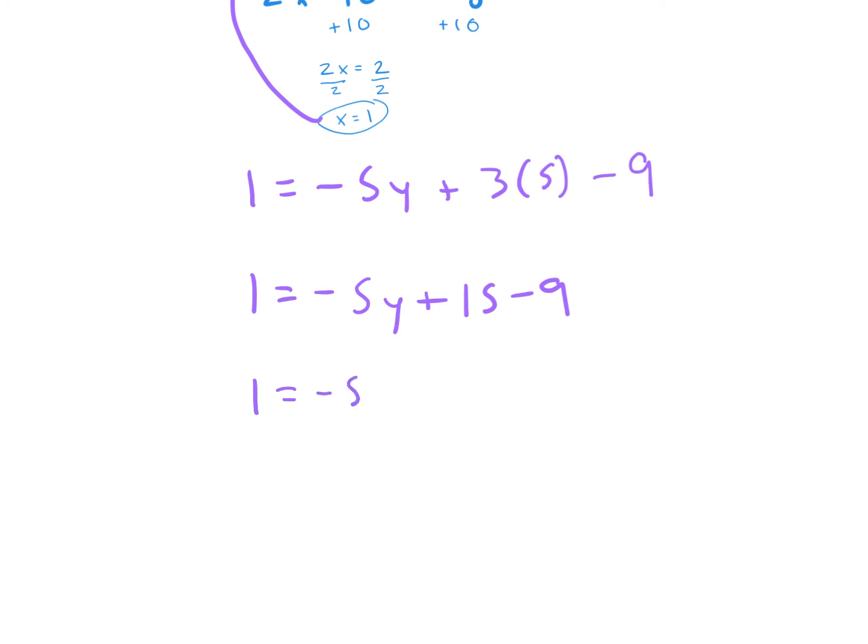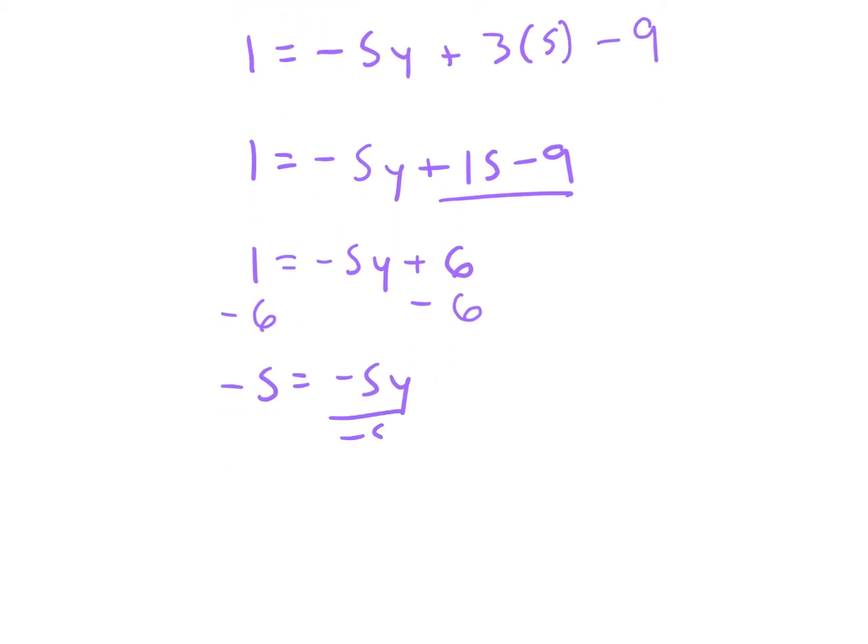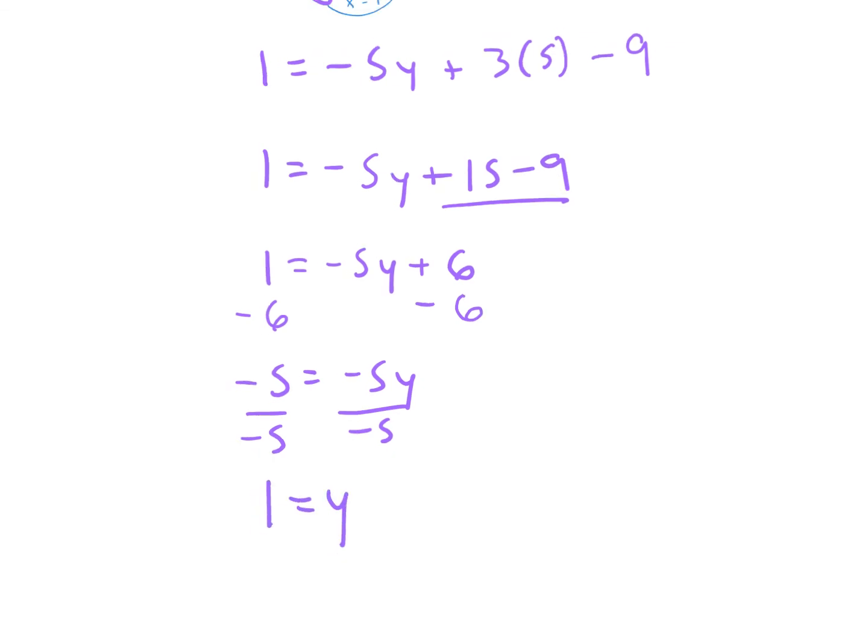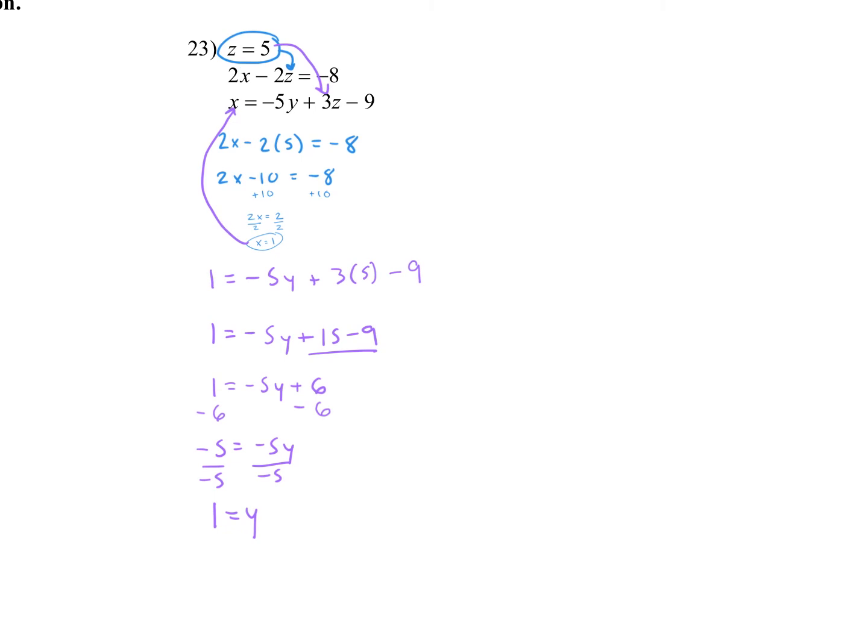What's 15 minus 9? 6. And then what? Subtract 6. So negative 5 is equal to negative 5y. Divide. So it's negative 5 divided by negative 5. So 1 is equal to y. Do I have all three answers? How do I write my answer? 1, 1, 5. Perfect. X, Y, Z.